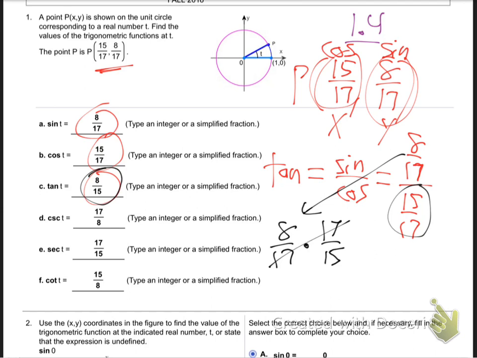Now remember, you can only do that for a unit circle. And they did say unit circle, right? Cosine is the x, sine is the y on the unit circle. That's what we're going to have about 99% of the time. Every now and then, very rare, there'll probably be one on the exam we take in a week, and I'll show you when we go over the practice exam next Tuesday. I'll say, hey, look at this problem.